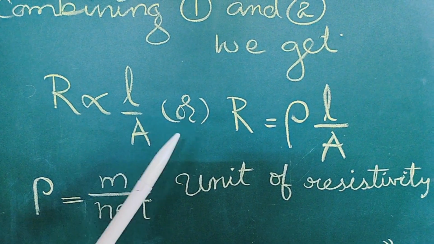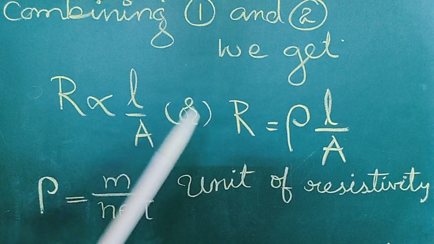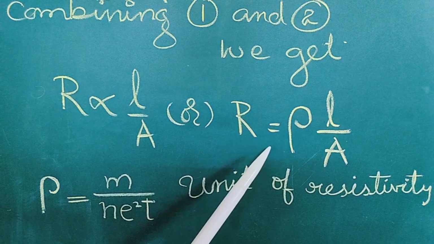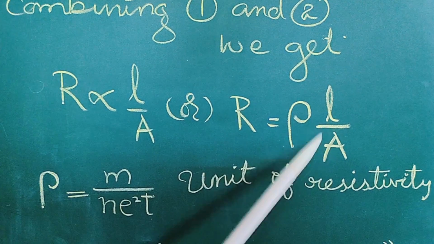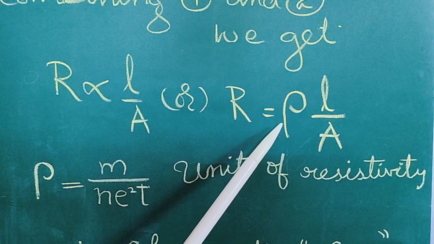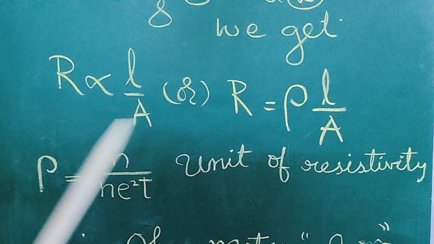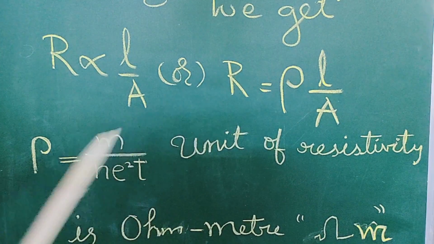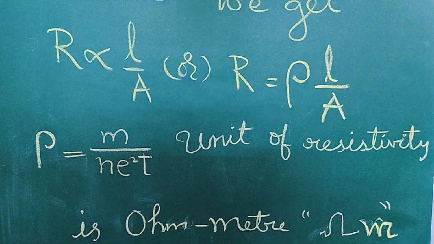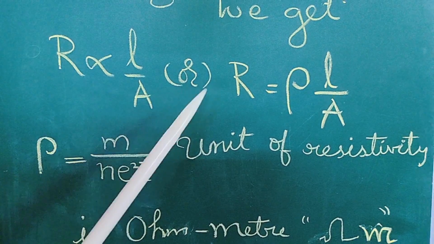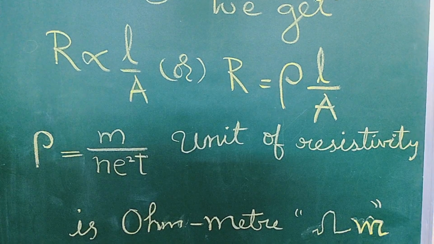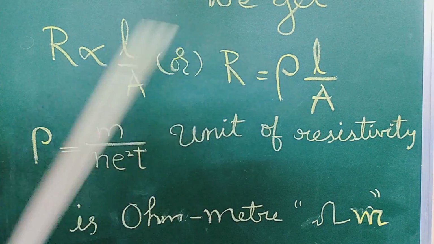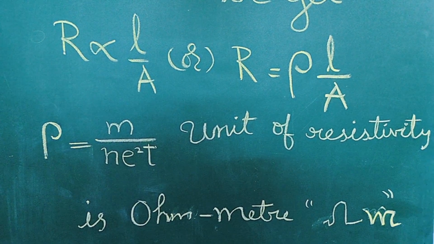The resistance can be calculated by using this formula R equal to rho L by A. Rho is a constant property of the material, L is the length of the resistance wire, A is the area of cross section. And this rho is called resistivity or specific resistance of a material.